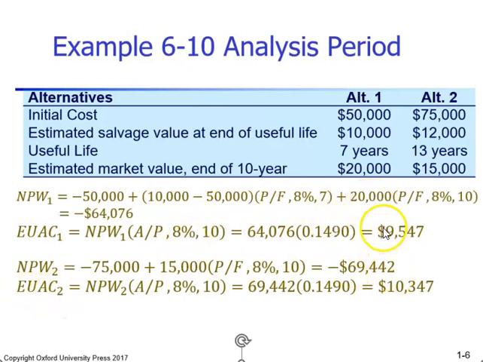And when we compare, this one is higher, so we pay attention to the cost, because it is EUAC, equivalent uniform annual cost, so we should go for the cost that is lower. So we go for alternative one.